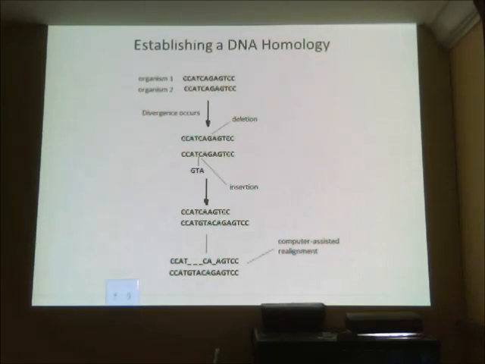So in this slide, we want to look at something that is actually trying to demonstrate that something is homologous. I'm just giving you a little snippet of DNA here from two organisms. We don't have to identify what they are, but in these two snippets, this could be the primordial organism, the thing that was going to give rise to some other organisms. And then divergence occurs.